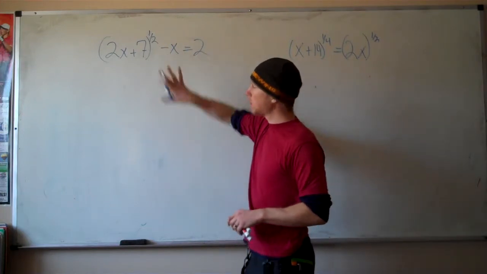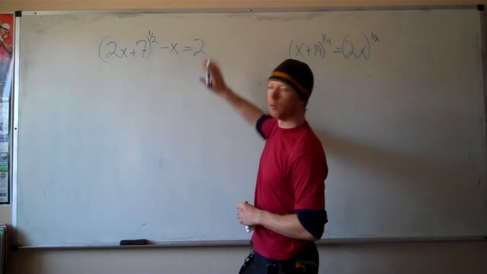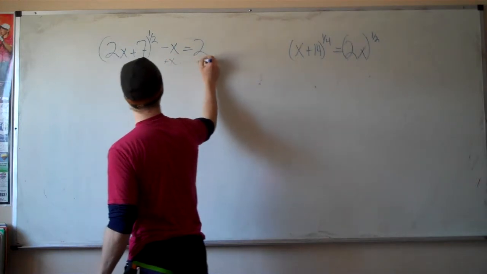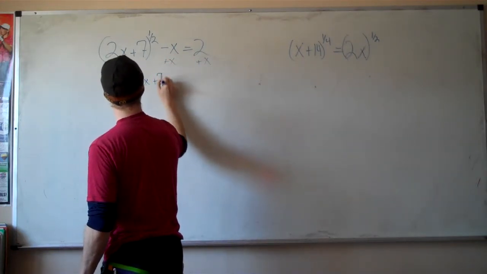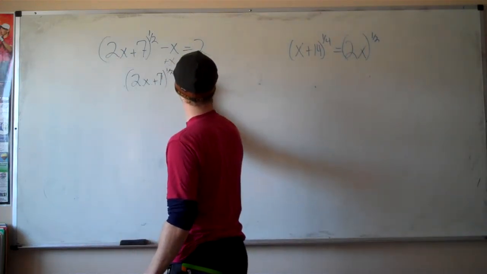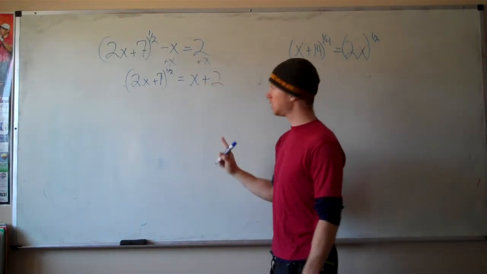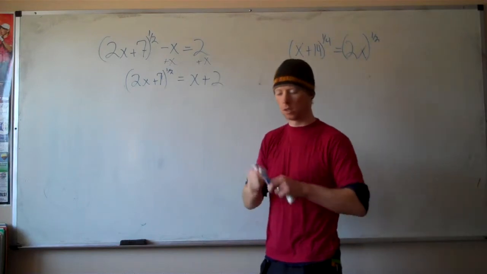And we may have done a couple, but just to review, what we want to do is take this x and move it to that side. I put the x first just because we normally do, and now I've isolated my rational exponent.